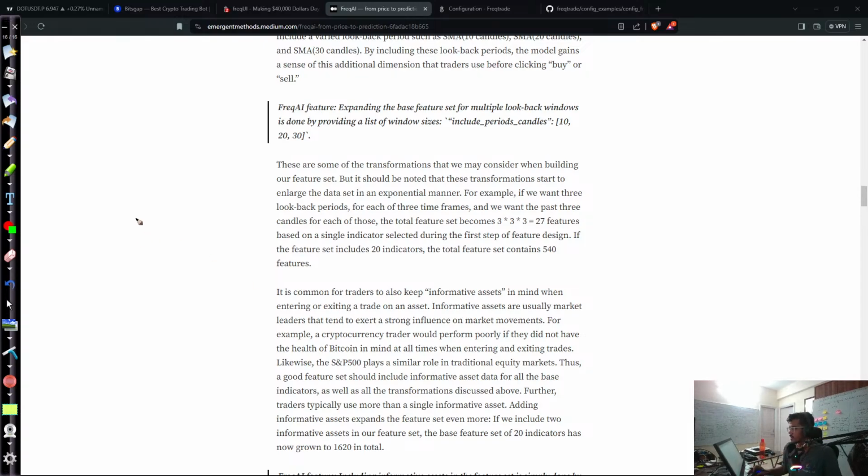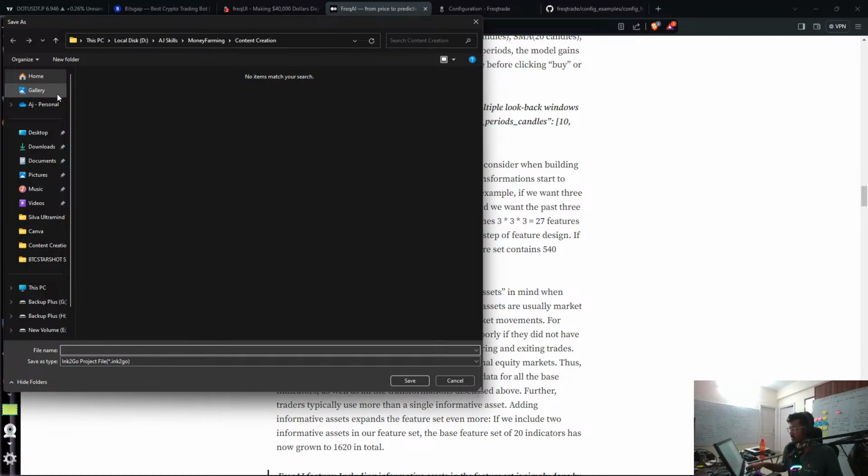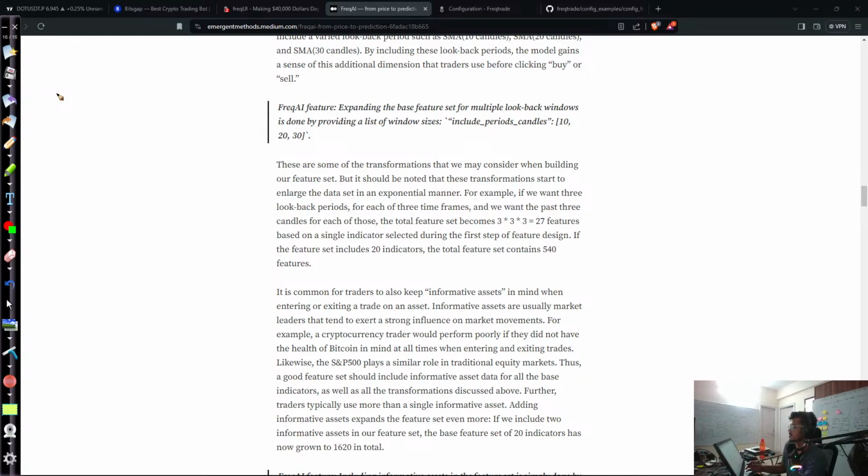And also we can save the project too. So, AI trading with FreqAI. All right, so let's get it going.